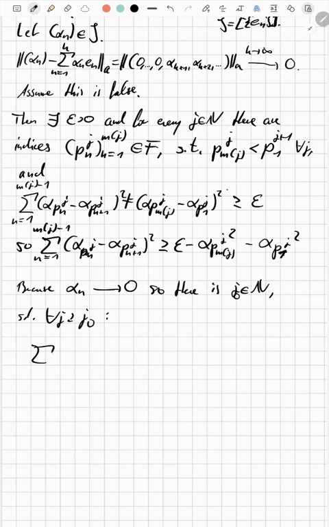So we get that this sum is bigger or equal to epsilon minus epsilon quarter minus epsilon quarter. So this is greater or equal epsilon half.